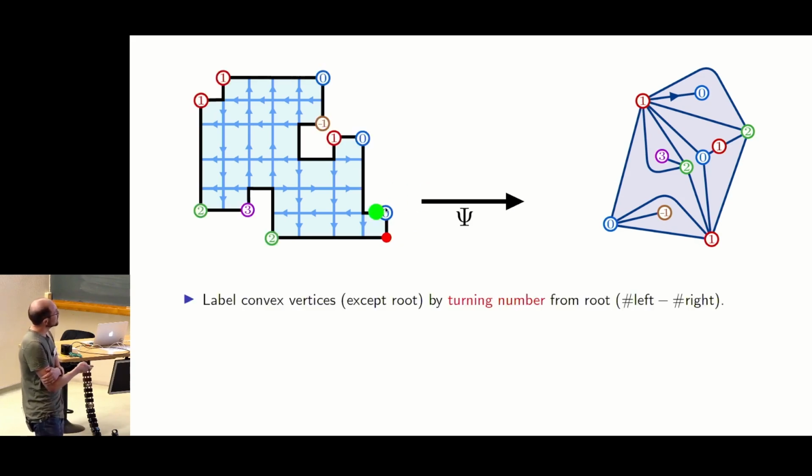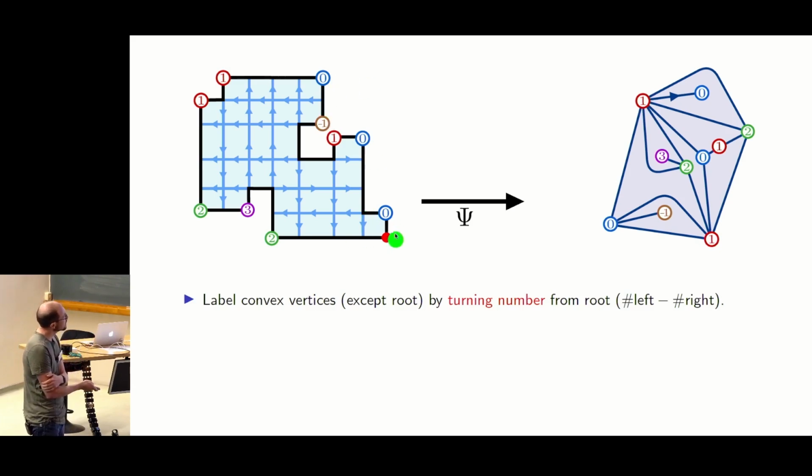So let's just identify these convex corners with the vertices on the map. And for this, I first have to tell what are the labels of these corners. So the prescription is that I start at the root corner, and then I follow the boundary in counterclockwise order, and I just count the number of left turns minus the number of right turns. So this is the turning number of the boundary, or the winding number, if you like.